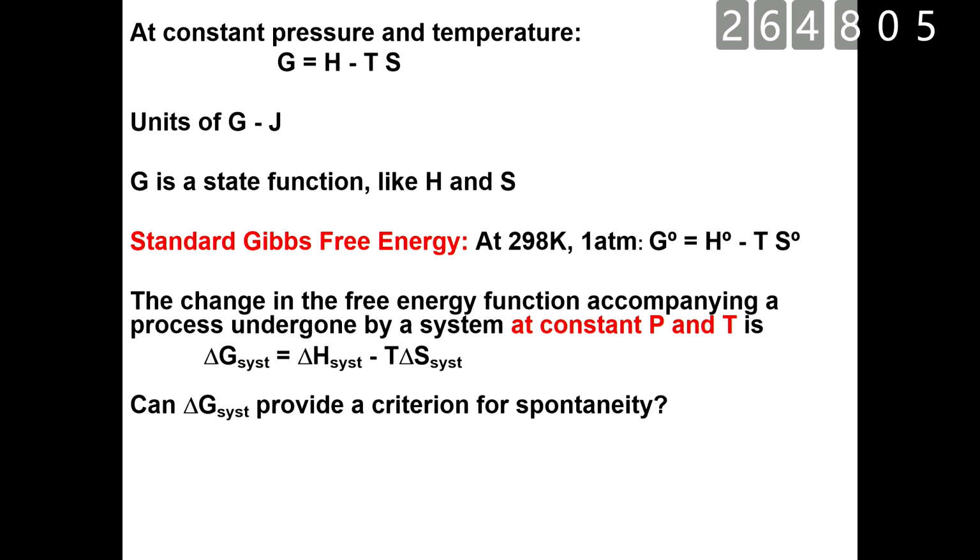The unit of G is joule, because the unit of heat is joule, and T times S will also be joule. So Gibbs free energy is a state function like H and S.